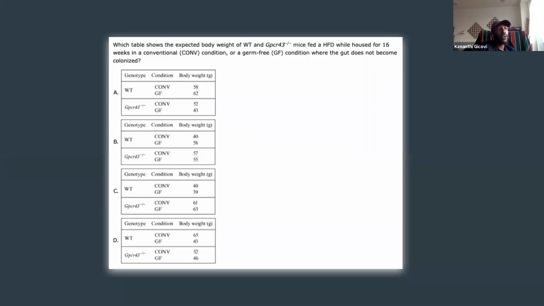Which table below shows the expected body weight of wild type and the GCPR43 minus mice after they're fed the high-fat diet and housed for 16 weeks in a conventional condition or a germ-free condition? Germ-free being a condition where the gut does not become colonized. What do you think? Pseudo-discrete, explicit, or implicit?